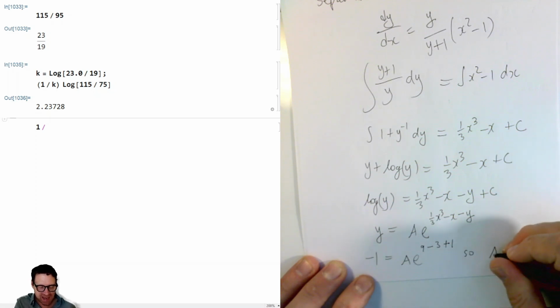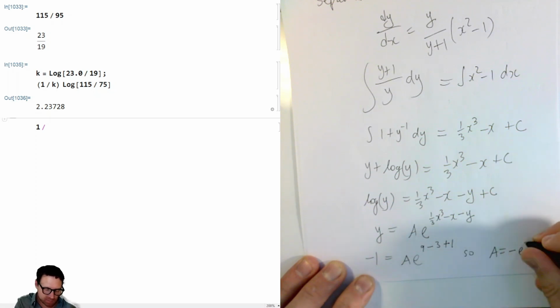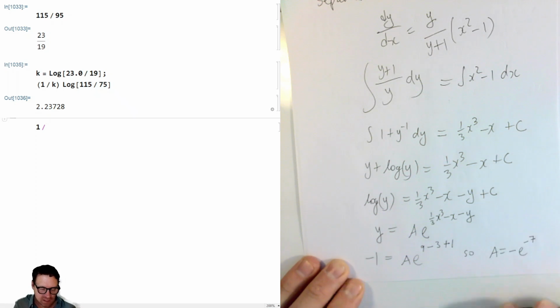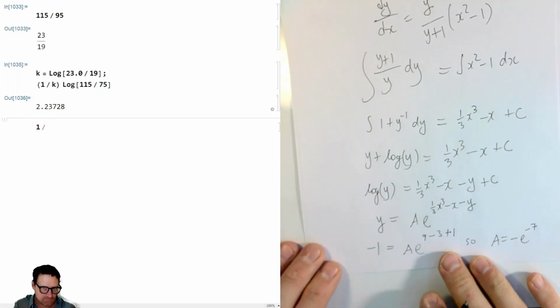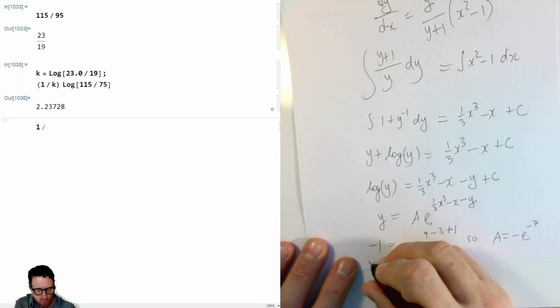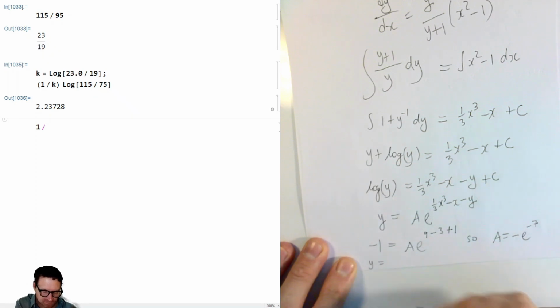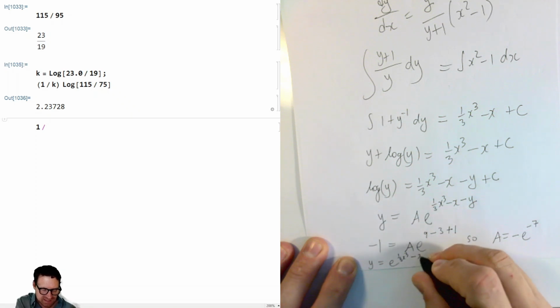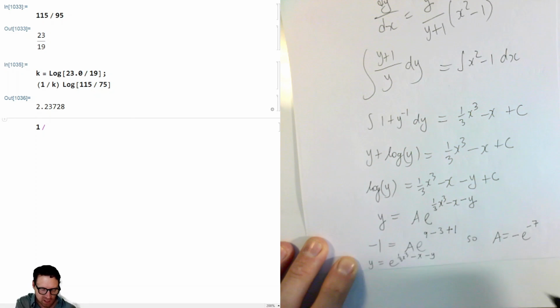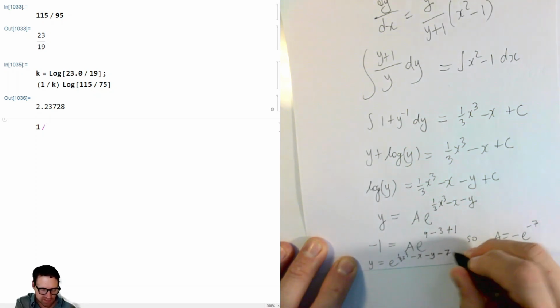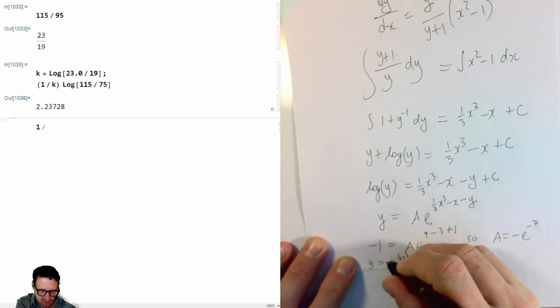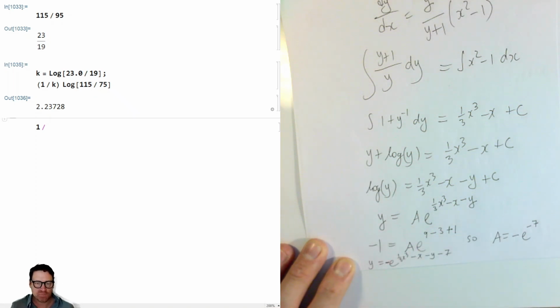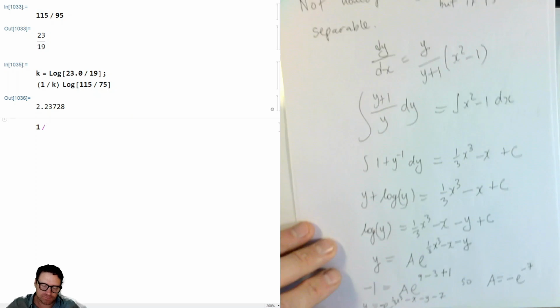So that says a is equal to minus e to the minus 7. Okay, and so then y equals e to the power of 1/3 x cubed minus x minus y minus 7, and then we'll leave that minus 1 out the front. Okay, there we have it.